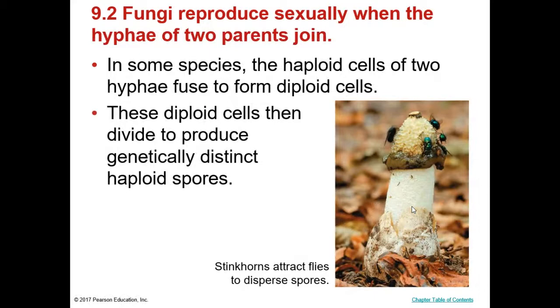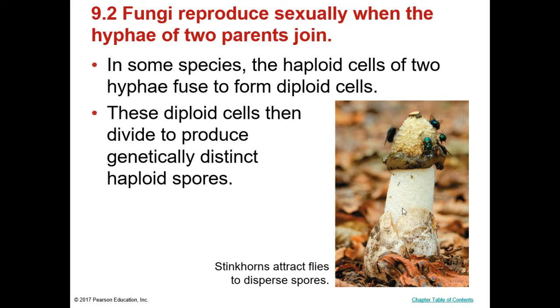Now, some other fungi can reproduce sexually. What happens here is that the haploid cells of two hyphae fuse in order to form a diploid cell. If you put together two haploid cells, you make a diploid cell, just like in fertilization. So that is another way for fungi to reproduce.